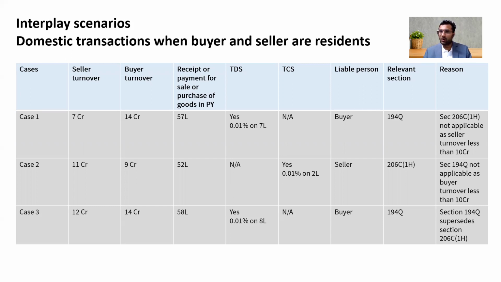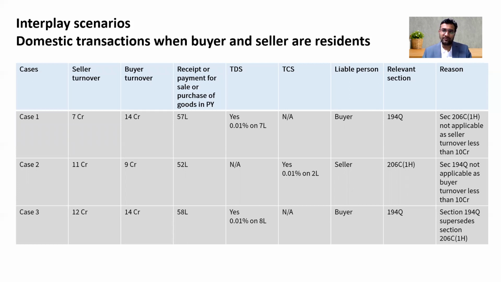Automatically, the seller is not entitled to collect TCS at 0.1%. Section 194Q will prevail. The sale of goods made to the buyer is 57 lakh rupees. So TDS will be deducted at 0.01% on the amount above 50 lakh rupees, which is 7 lakh rupees here.